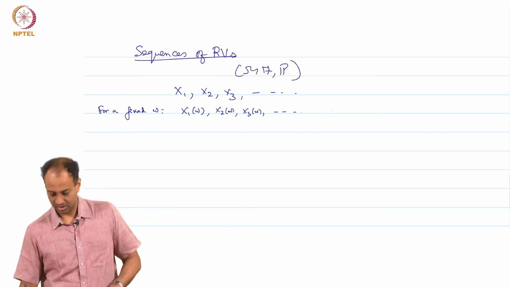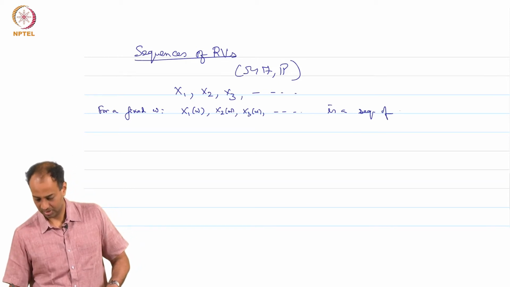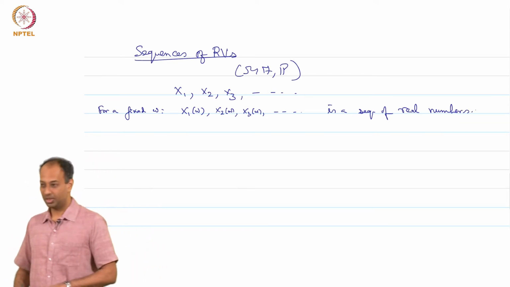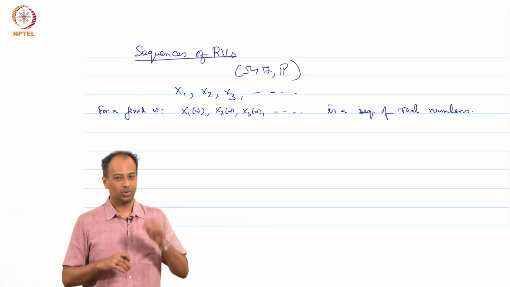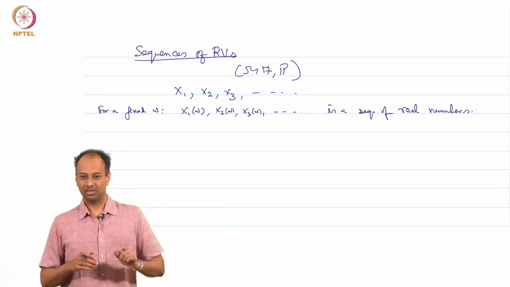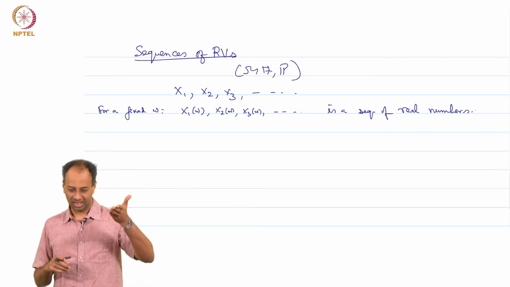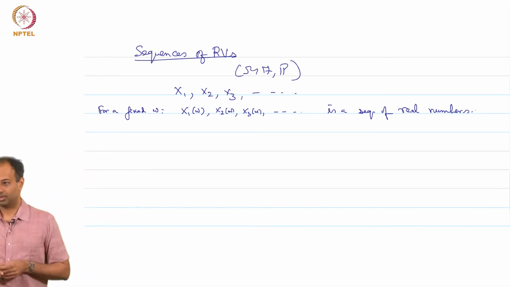So, this is a sequence of real numbers, that is all. So, a sequence of random variables becomes simply a sequence of real numbers once a little omega realizes. If some other little omega prime realizes, it will be some other sequence X1 of omega prime, X2 of omega prime, and so on, all right.